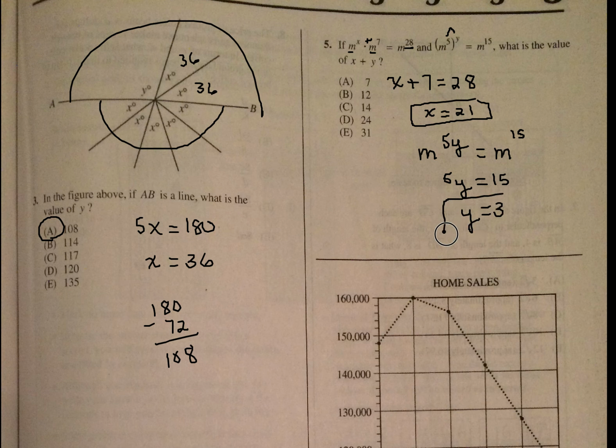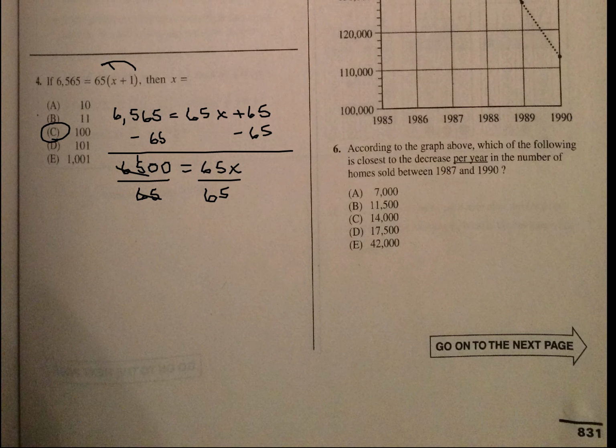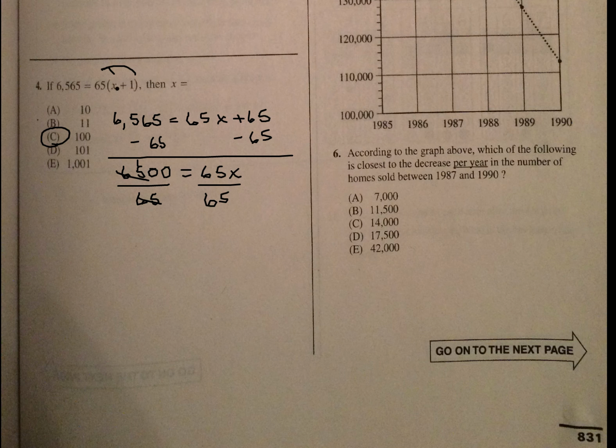Some of these you actually do need to know algebra for. Like number 3 here, number 4, and number 5, you kind of needed algebra. Let me see if the other one was if you could have substituted in for that one. This one, yeah, you could have substituted in. If you don't know how to solve an equation, you could have put the numbers in for x and figured it out.